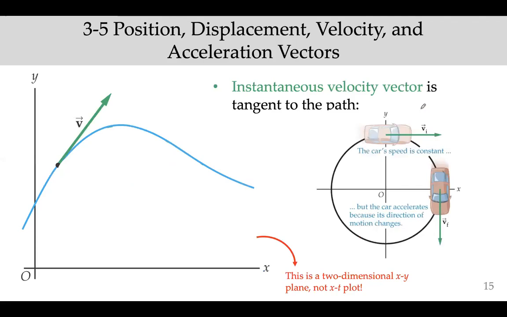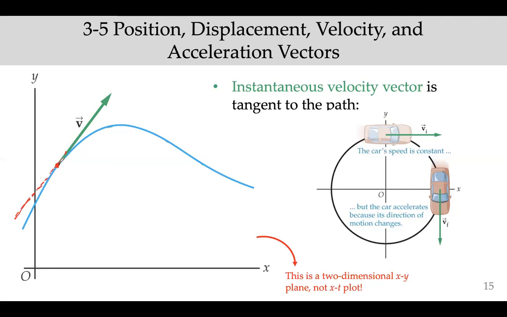Okay, what about instantaneous velocity? Now, in the previous chapters, when we talked about instantaneous, we talked about the tangent. So the instantaneous velocity vector is tangent to the path. Instantaneous means right at that moment. So the question is, what is the velocity of the object? It could be a car, it could be a person riding a bicycle. The velocity at this point, now imagine, you draw a tangent.